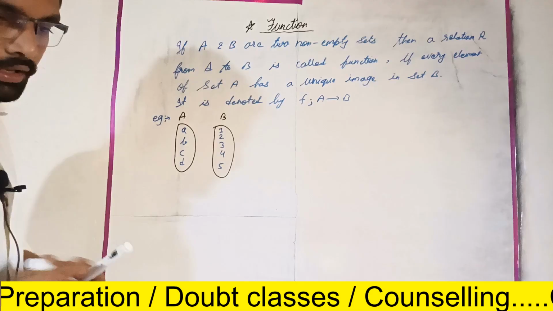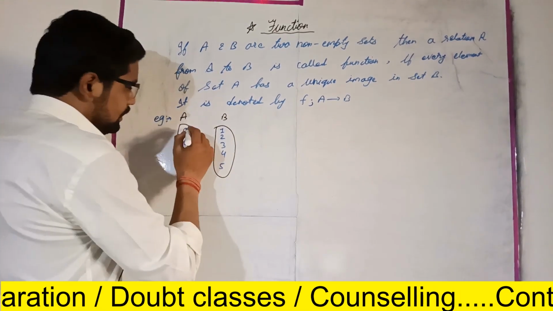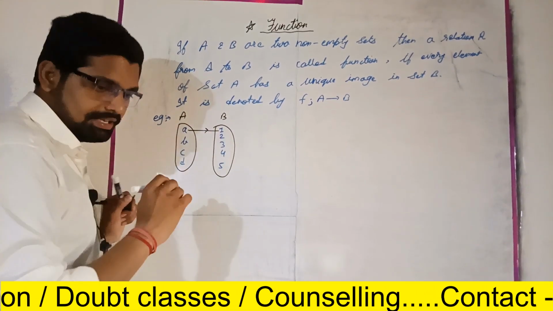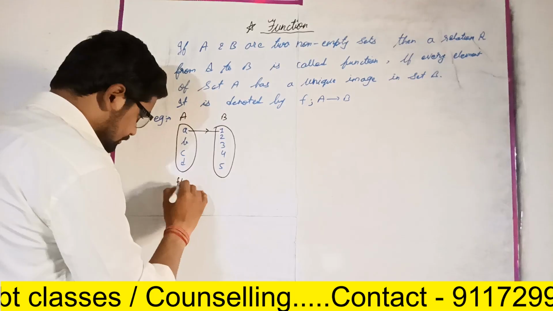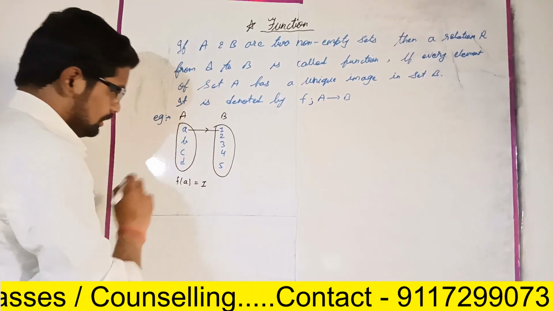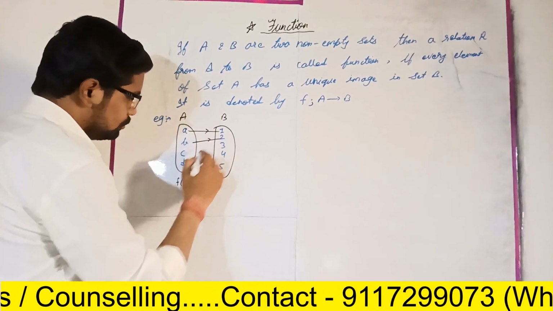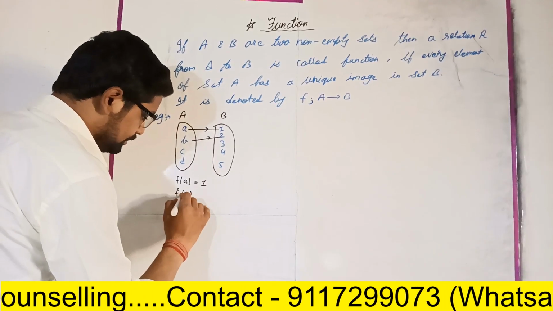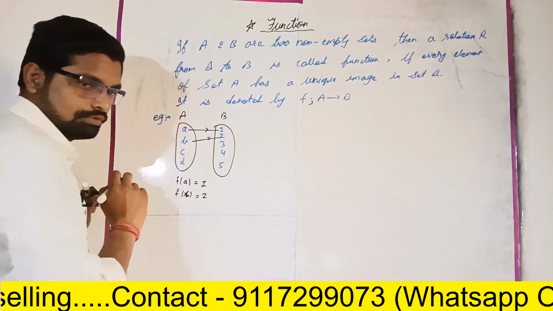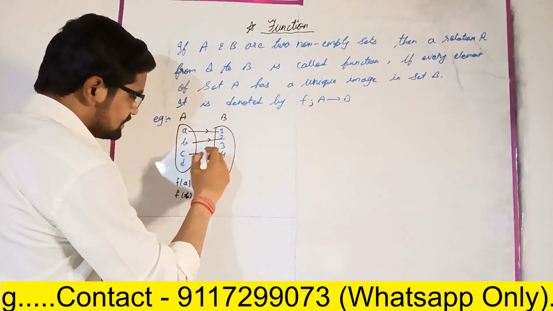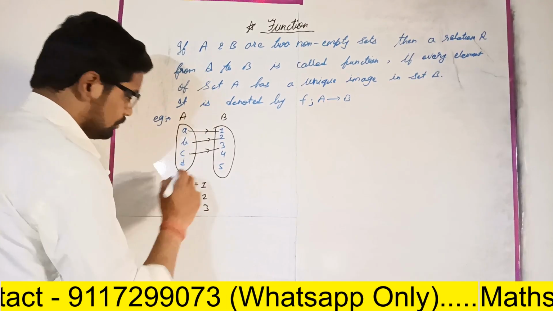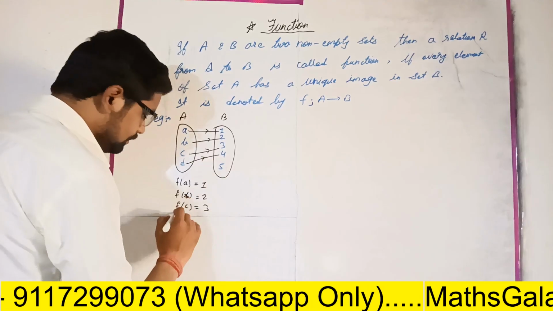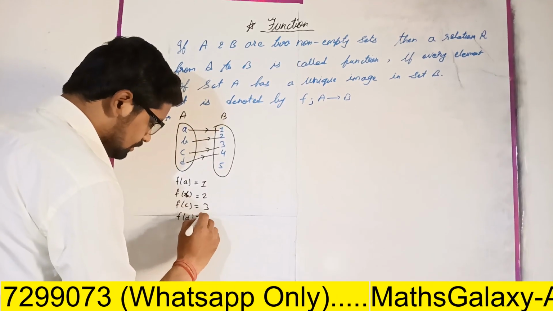Okay, the image for a is 1, which means we can say that f(a) equal to 1. For b it's 2, so f(b) is equal to 2. For c it's 3, function of c will be 3, and function of d will be 4.